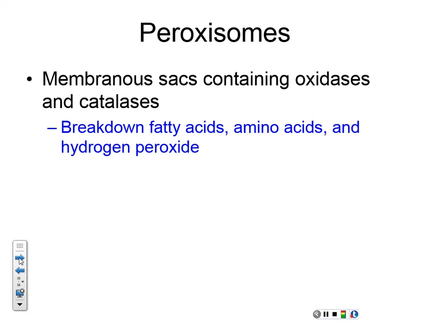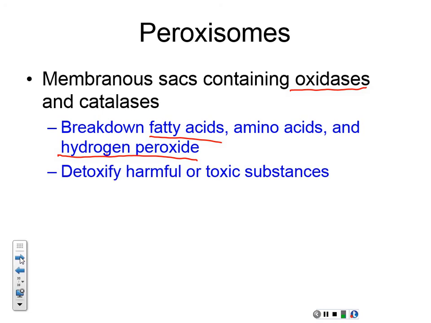So peroxisomes have a lot to do with breaking down fatty acids, amino acids, and hydrogen peroxide. Hydrogen peroxide is a byproduct of the breakdown of fatty acids and amino acids. They also detoxify harmful toxic substances, especially free radicals.